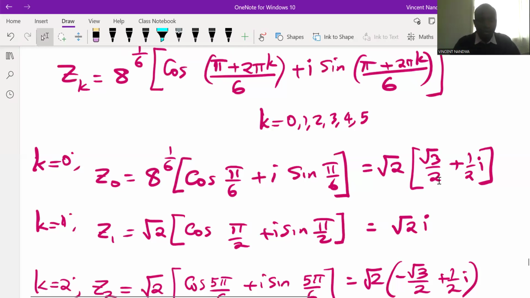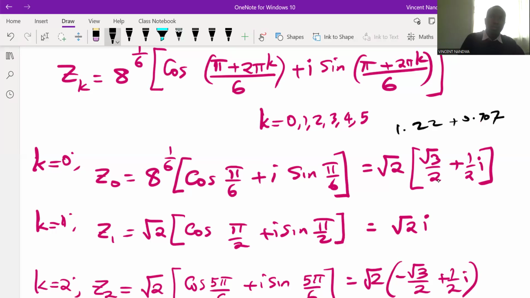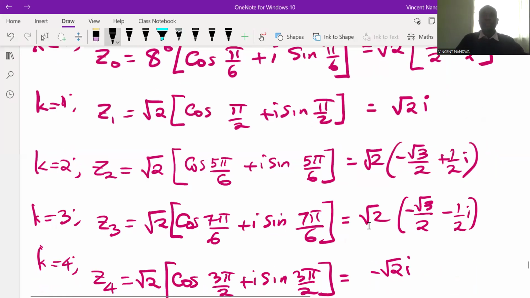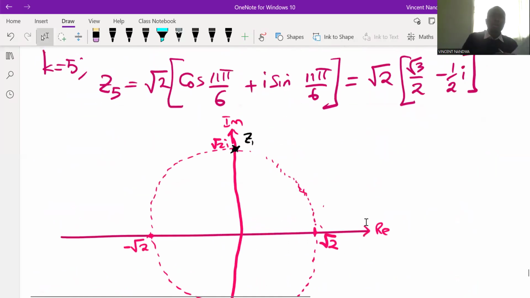So when you have root 3 divided by 2 times root 2, this is roughly, real part will be 1.22, and then plus root 2 divided by 2, roughly 0.707. So from your graph, you identify that point, it will be somewhere here.